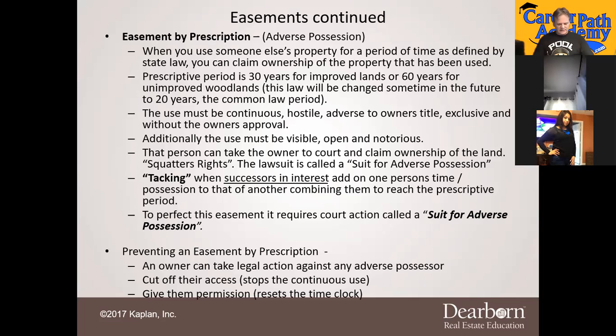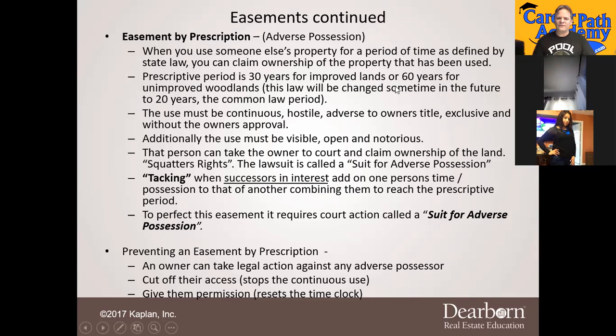You can take their property if you were using it out in the open, hostile, adverse to their title, exclusive, and without the permission of the owner. When you do, you could claim ownership of their property. The prescriptive period would be 30 years for improved lands, 20 for unimproved lands.